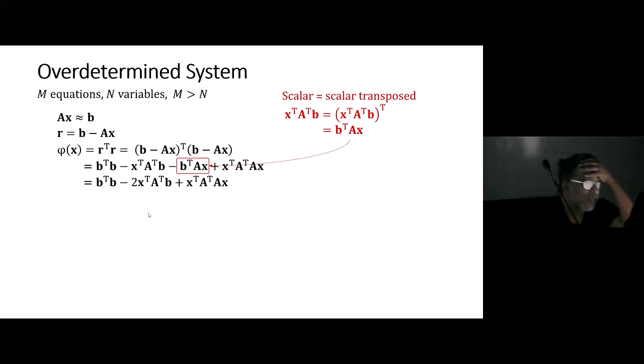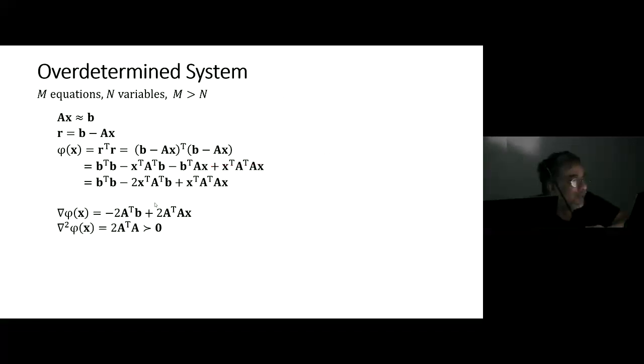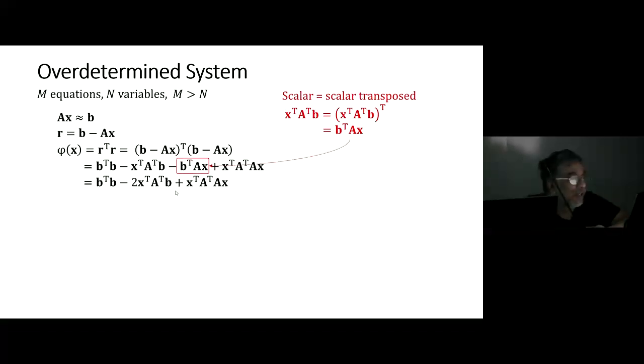Correct? So what's the derivative of twice X transpose P, where P is a vector? Derivative of X transpose P is P. Yeah, sorry.